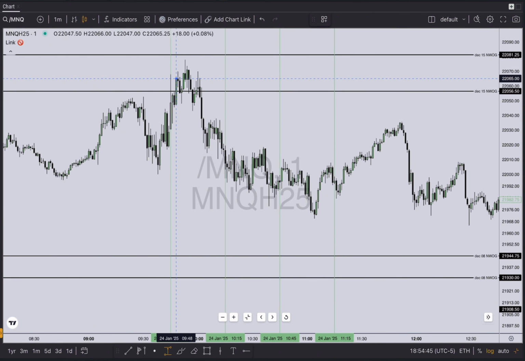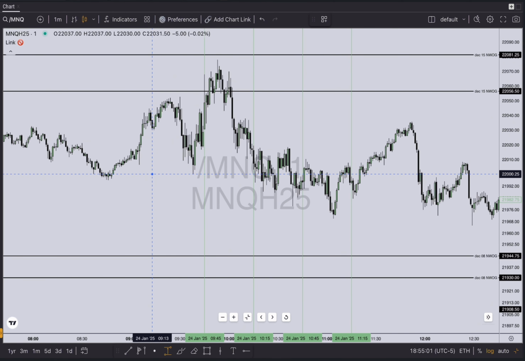But then during that macro, it gave us the clear direction it wants to go to, right? And it started to initiate speed to liquidity, right? So it swept the first form of sell-side liquidity here, but there's still more liquidity.